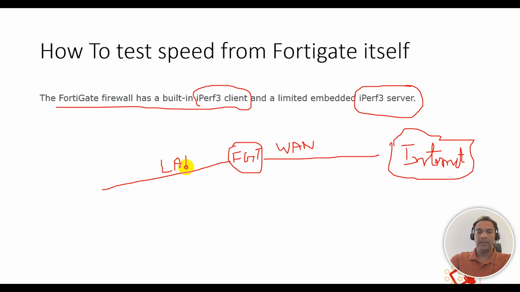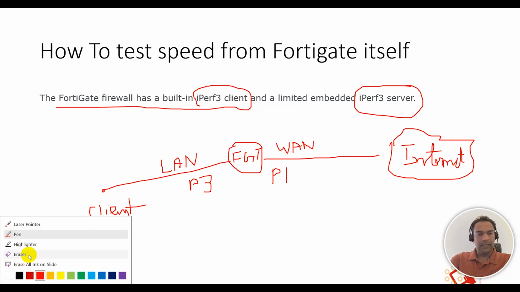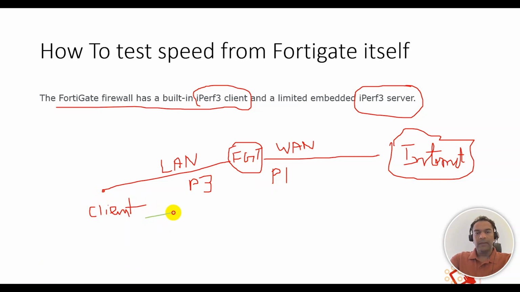Maybe it can be any port, P1 or P3 in my case, and P1 is my WAN interface. Beside this interface, I have my client. So the reported issue is that whenever the client is going via the FortiGate, he is observing slowness.